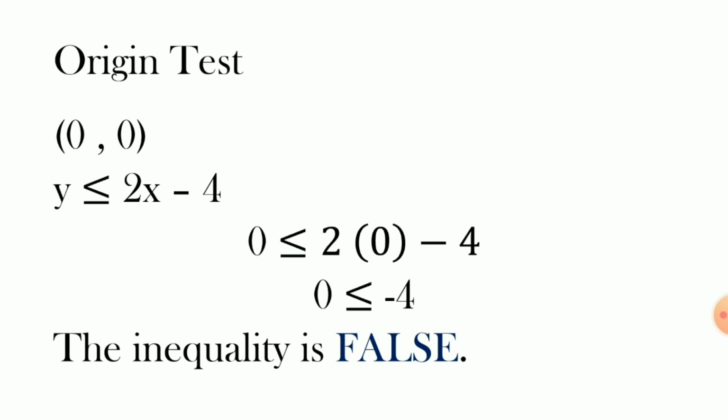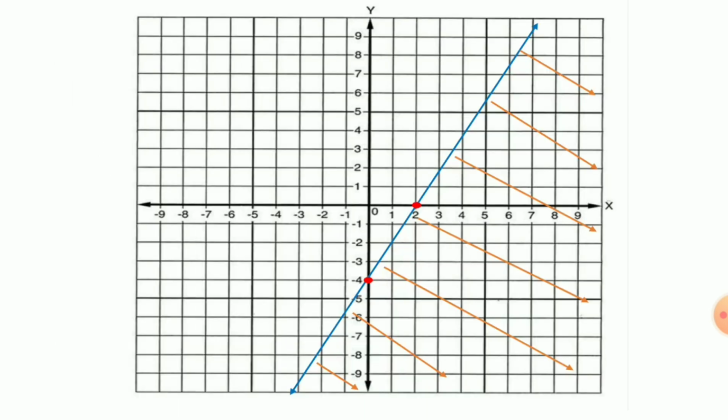Since the origin test is false, then shade the area where the origin is not contained. So from our graph, we will shade the part where the origin is not included. The shaded area or region of the graph contains all the ordered pairs that will make the inequality true. It also includes all the values that will fall on the boundary line.